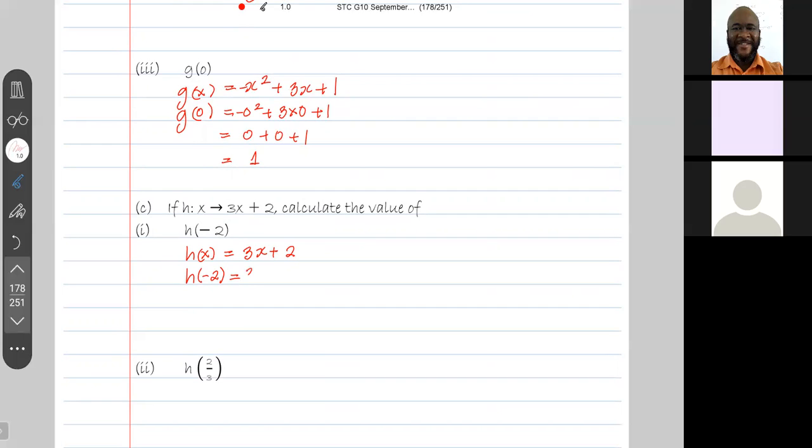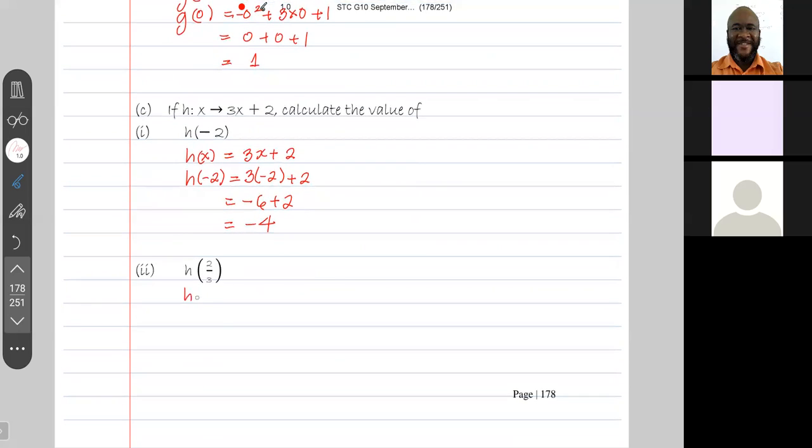So this is 3 times minus 2 plus 2. 3 times minus 2 is minus 6 plus 2. Minus 6 plus 2 is minus 4. If the signs are different, subtract and keep the sign of the larger number.